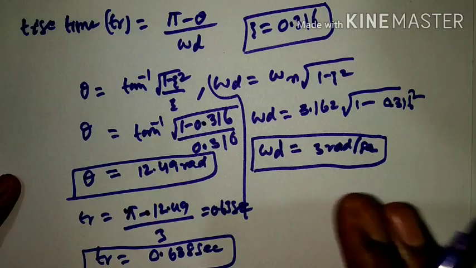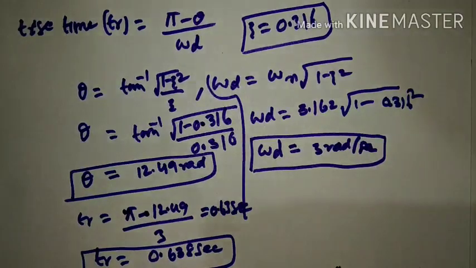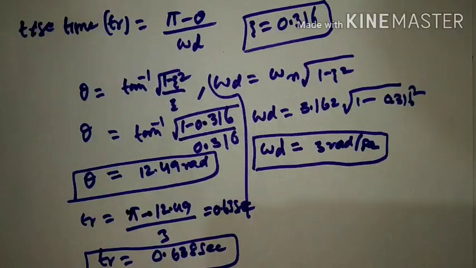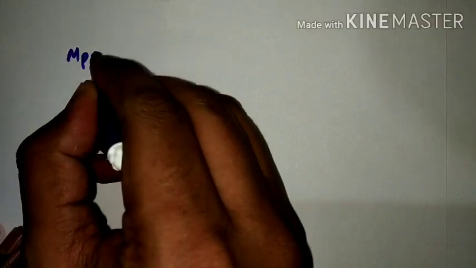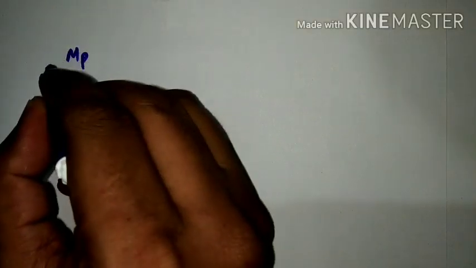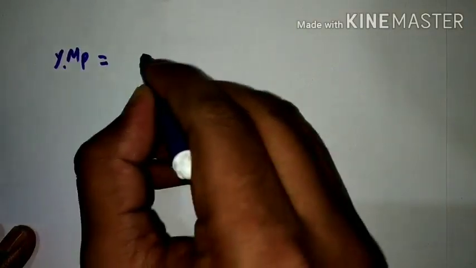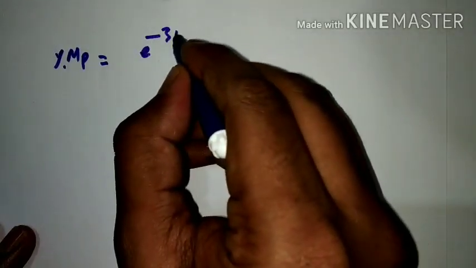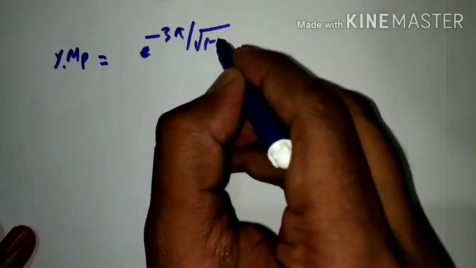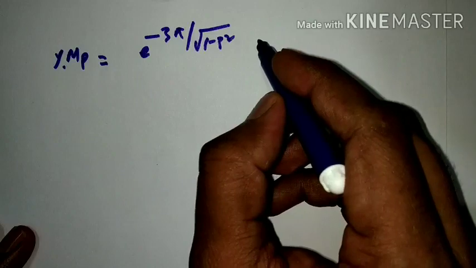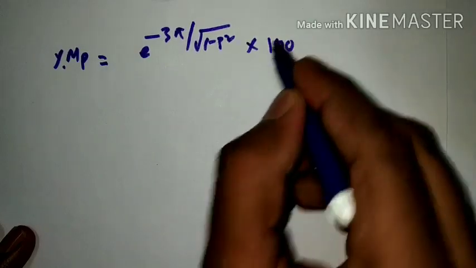Next you have to find the percentage of peak overshoot, the MP. So what is the MP equation? MP is equal to e raised to minus zeta pi by root 1 minus zeta square, into 100.